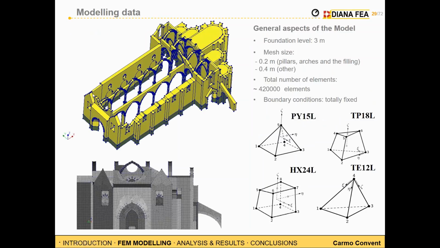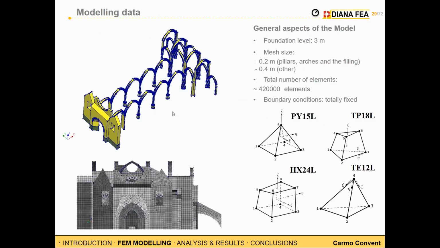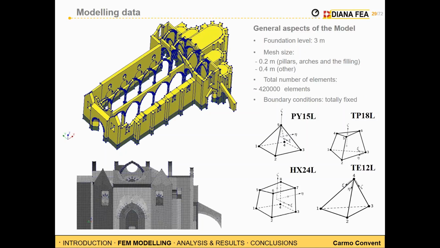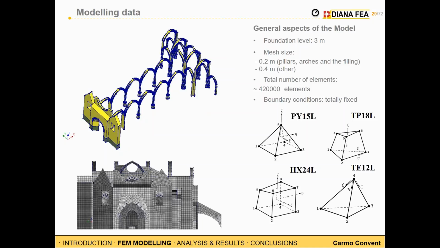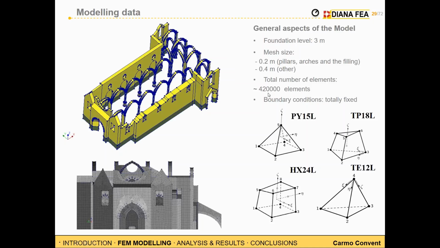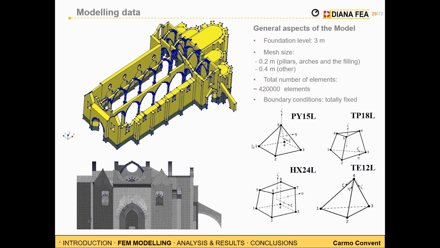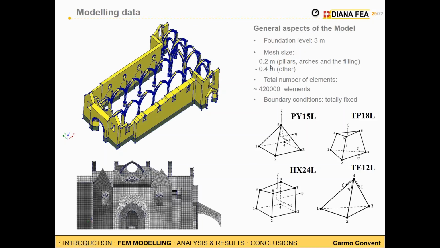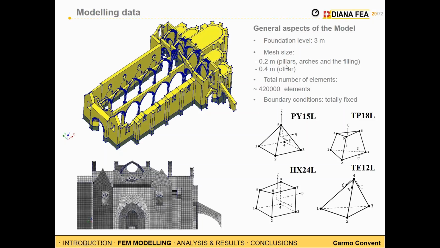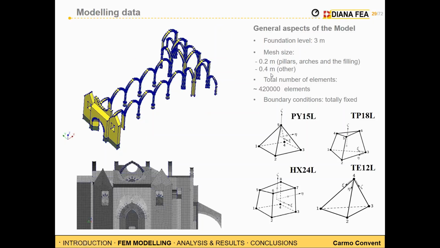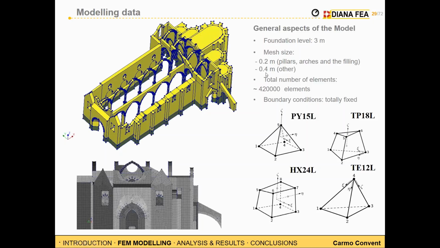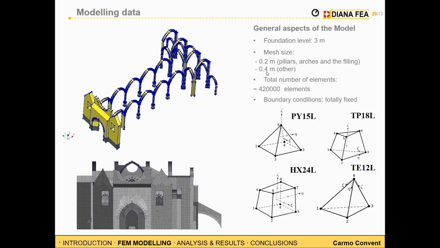In this case, you can see how complex it is and not so easy, and therefore you can also imagine the number of elements, which is really significant. As already said, we set the mesh size finer for pillars, arches, and the filling, and the other parts of the convent were meshed with sides of 40 centimeters.